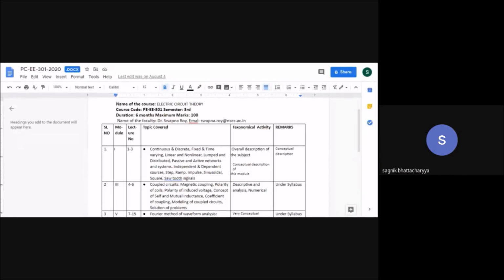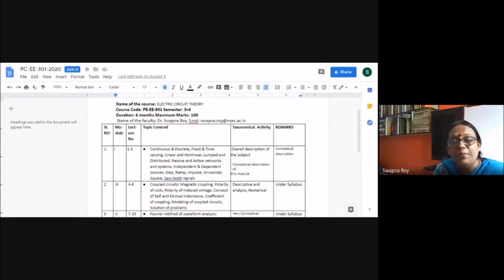Okay. The thing is that we have some ideas of continuous and discrete signals. Fixed and time varying signals: fixed means the behavior and characteristics of the signal will not change with time.